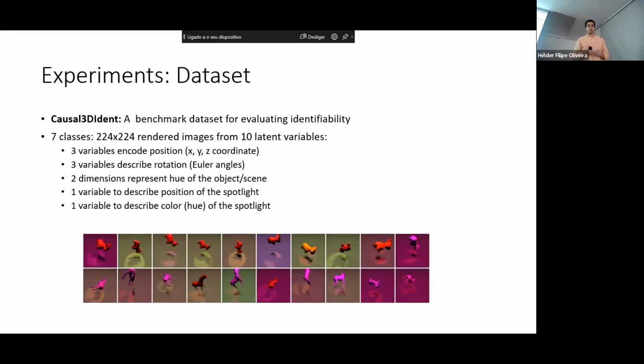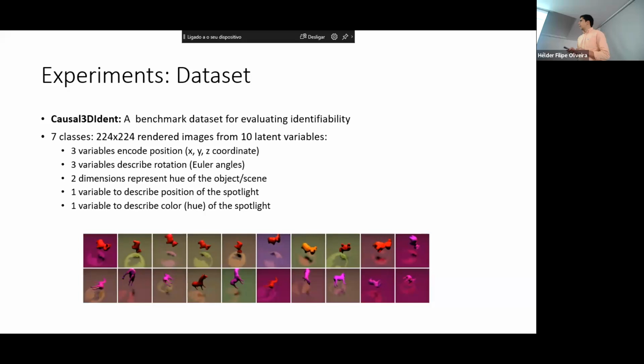To empirically evaluate these concepts, the authors propose a benchmark dataset for evaluating identifiability, which is called Causal3DIdent. This dataset consists of 224 by 224 images that were rendered from 10 latent variables, and it represents 7 classes.